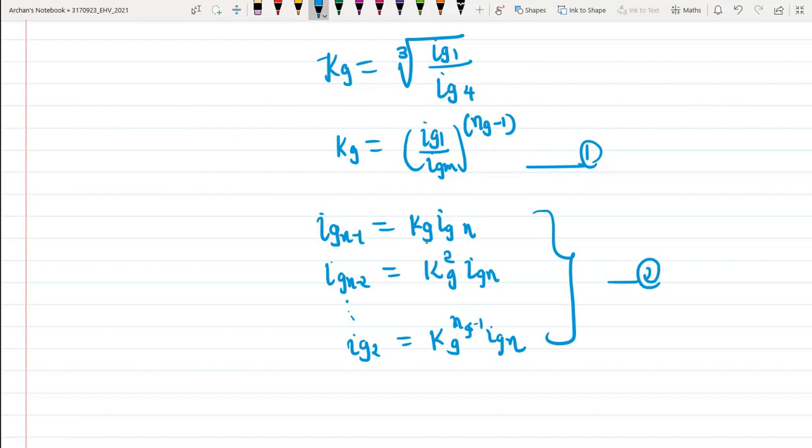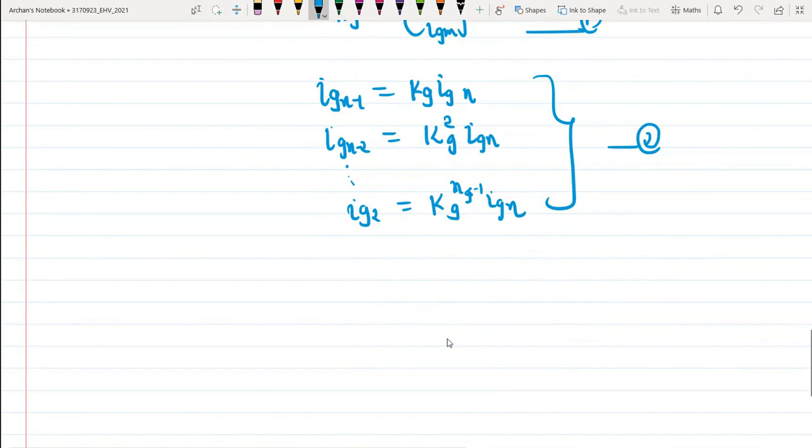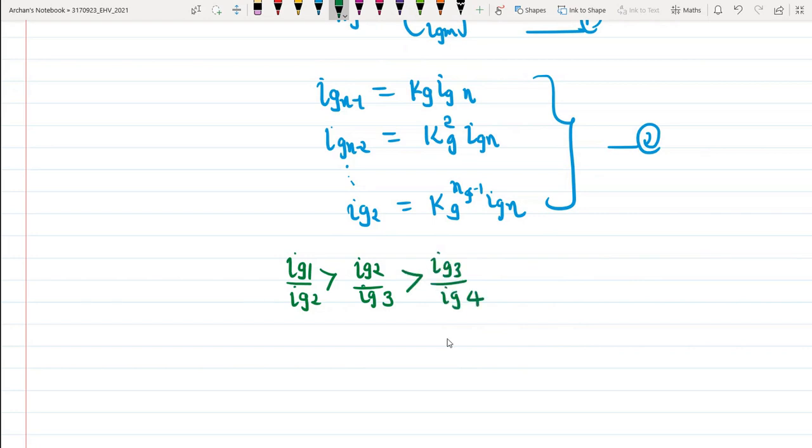Okay, so for passenger cars, to suit these changing traffic conditions, the step between the ratios of the upper two gears is often a little closer than it is based on this particular equation. So we can say this is the condition that Ig1 upon Ig2 should be greater than Ig2 upon Ig3, which should be greater than Ig3 upon Ig4, right?